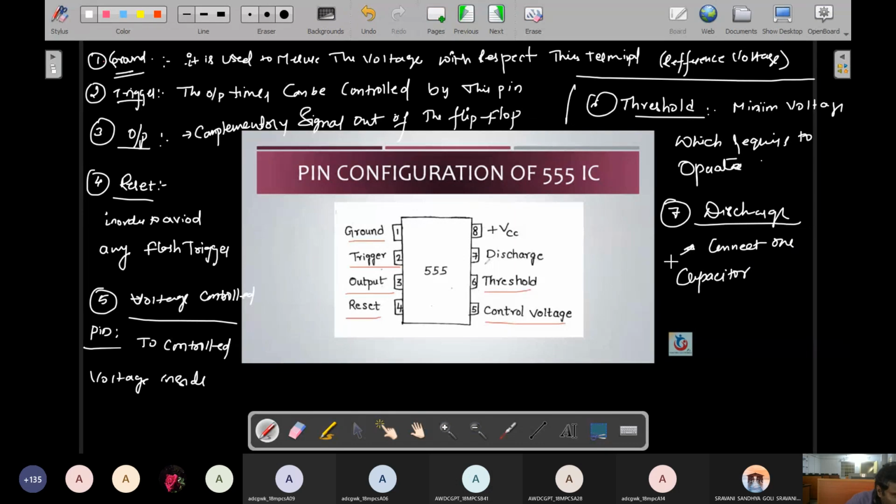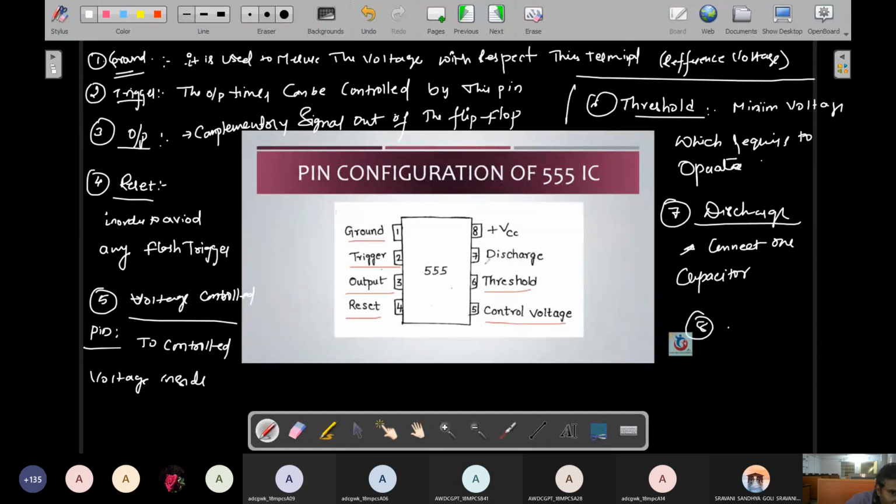Because if you see the block diagram, the internal architecture of the 555 IC is there, and I can explain how each and every component works. Until then, just remember that in the discharge pin we are connecting a capacitor.